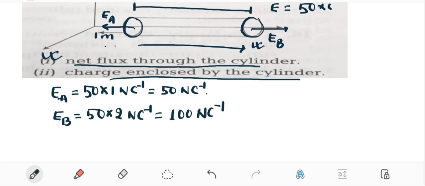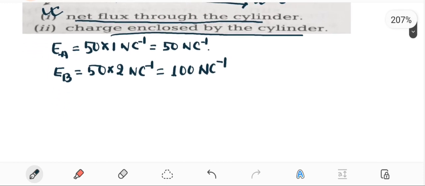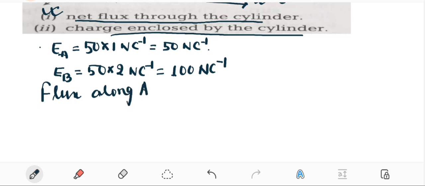Okay, now for the corresponding flux along the surface area A, let us consider phi A is equal to EA into the area of cross-section. We know that the area of cross-section is equal to 25 into 10 to the power minus 4 meter square.